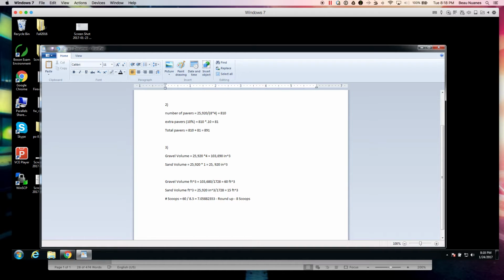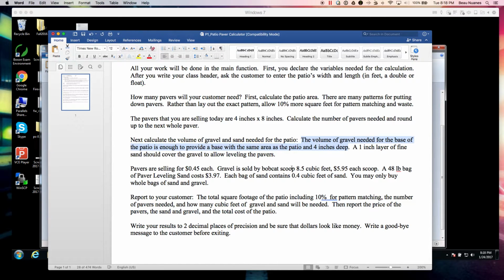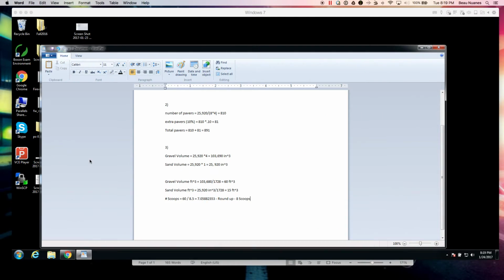And the reason we have 8.5 is, again, if you look at the spec, we have 8.5 cubic feet per scoop. Similarly, we're going to have 0.4 cubic feet of sand per bag. So looking at that, this will be the number of bags of sand.